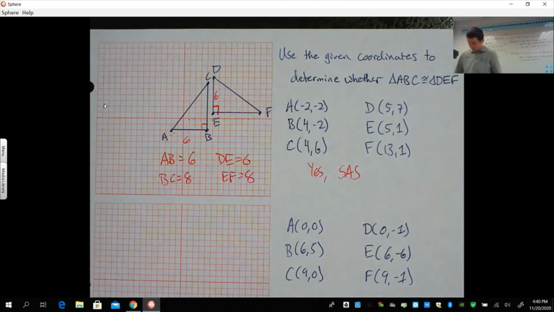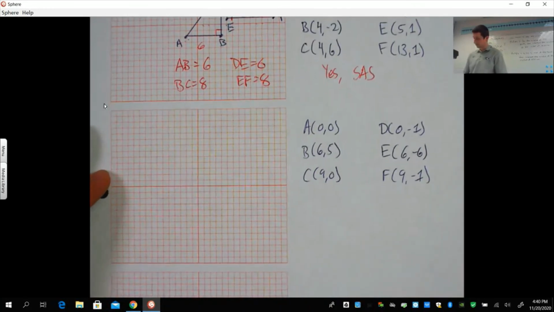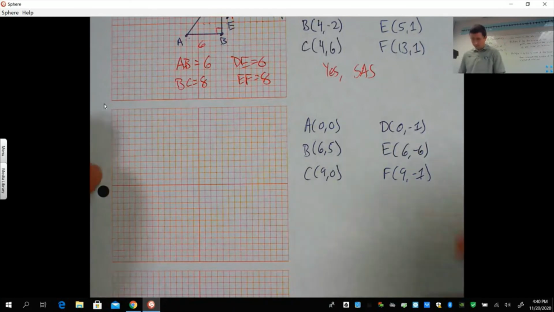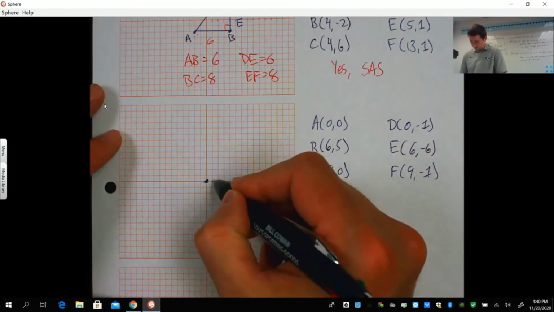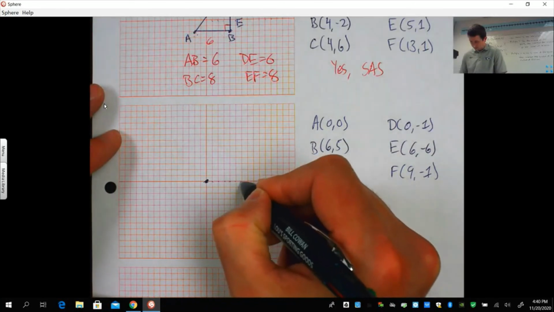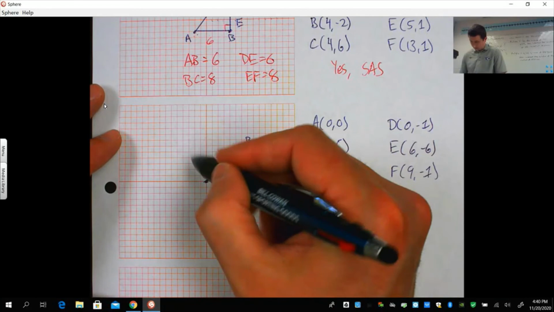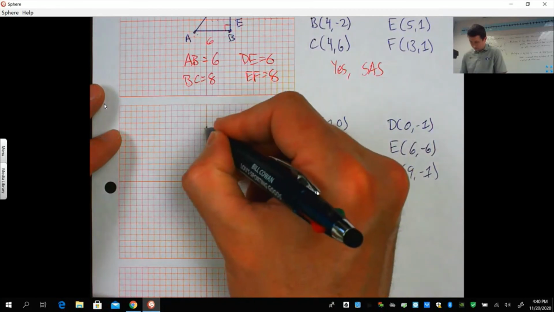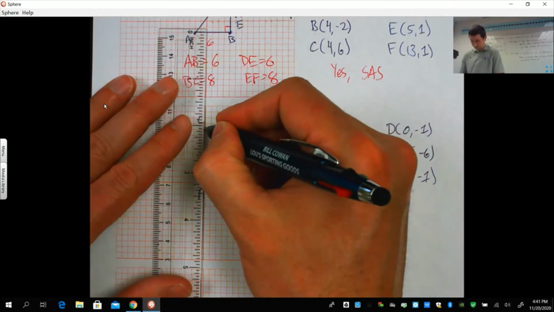I think this next one gets off a little bit, maybe not so perfect triangles, we'll see. So A is (0, 0), B is (6, 5), and C is (0, 9). So there's triangle ABC.